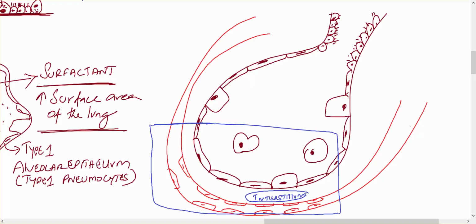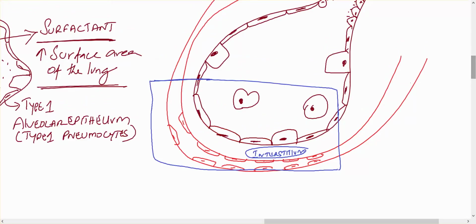There is very little interstitium, which we normally cannot appreciate even under the microscope. If you see widening of the interstitium, then there is pathology. So this is how gas exchange happens in this area. This is very important, you should know these structures.